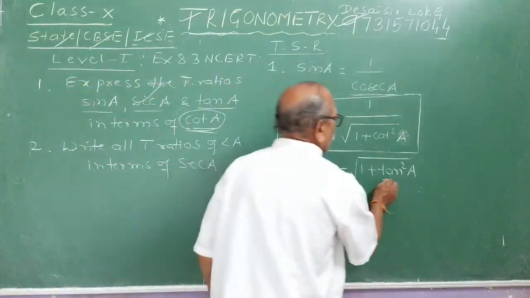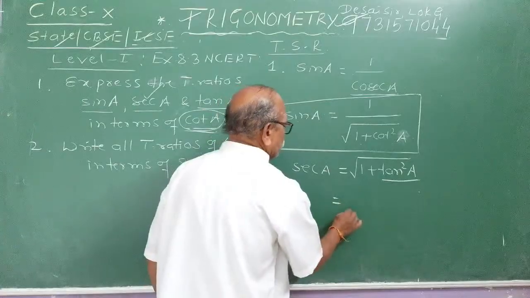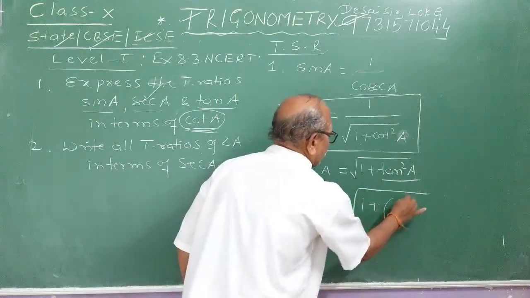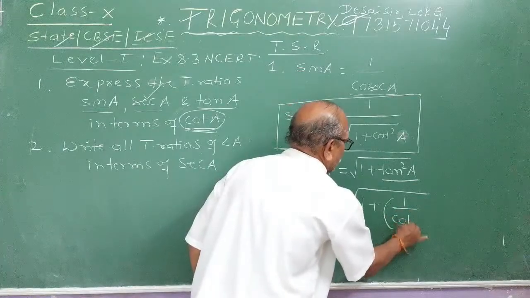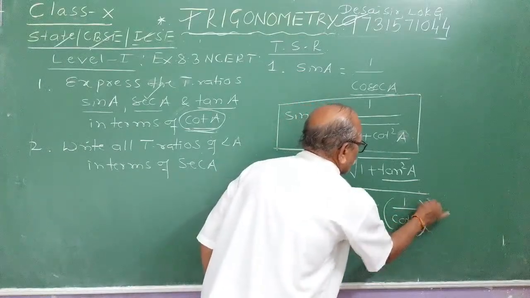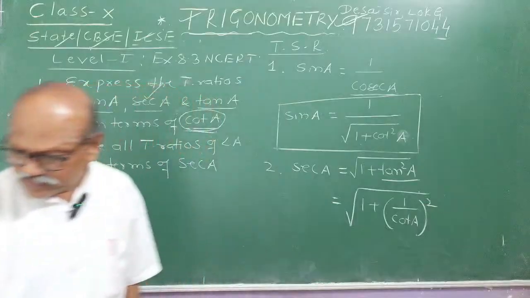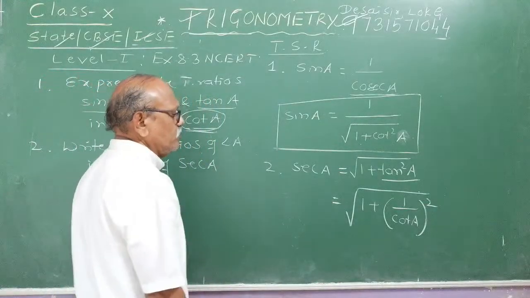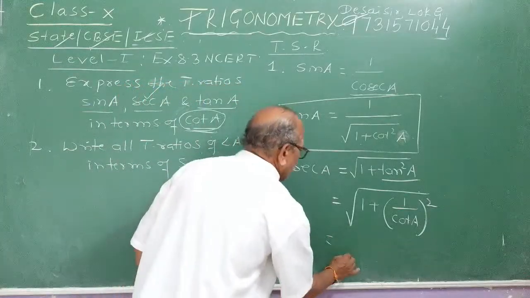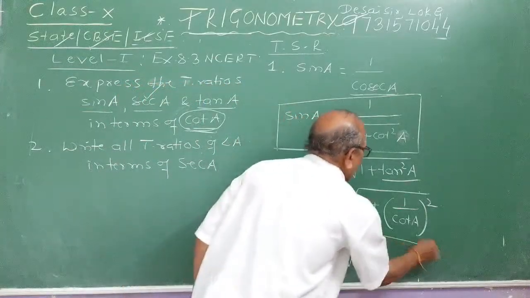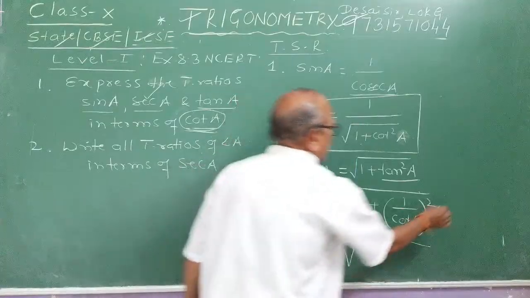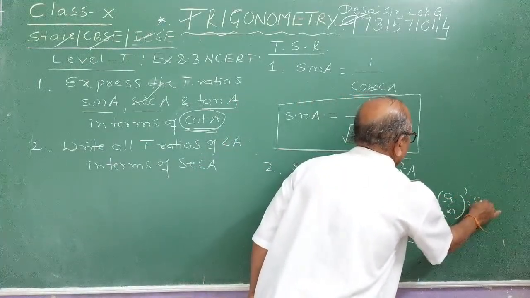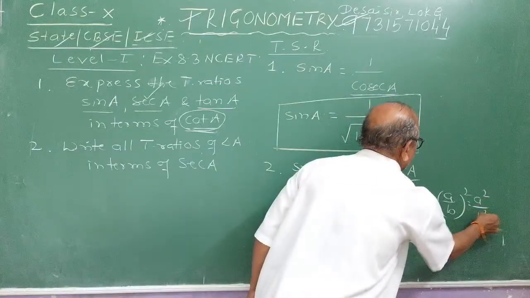Now, we want to express it in terms of cot. You know that the reciprocal of tan is cot. You can write tan A as 1 upon cot A, whole square. Now continue: A by B whole square is equal to A square upon B square.